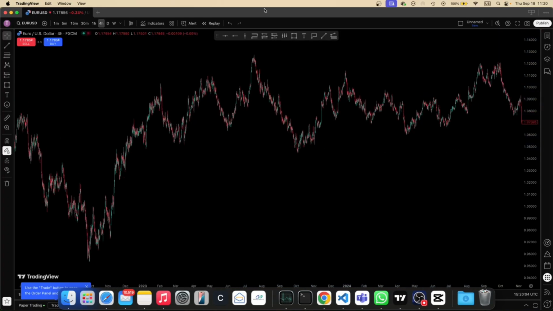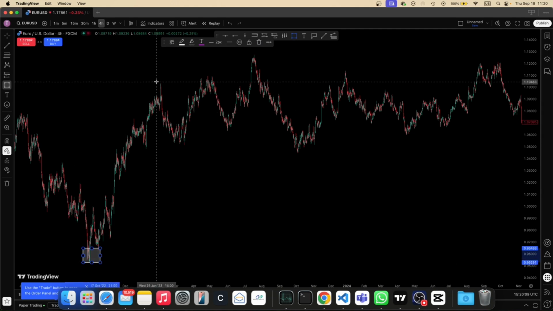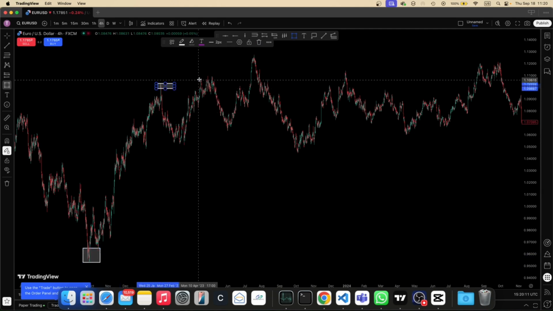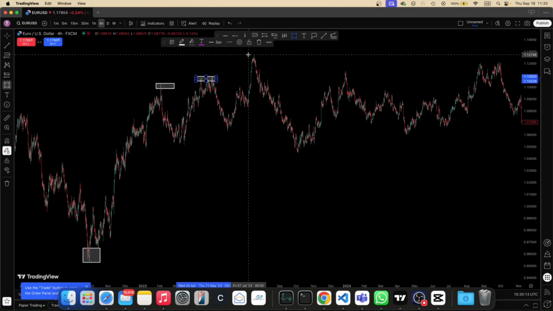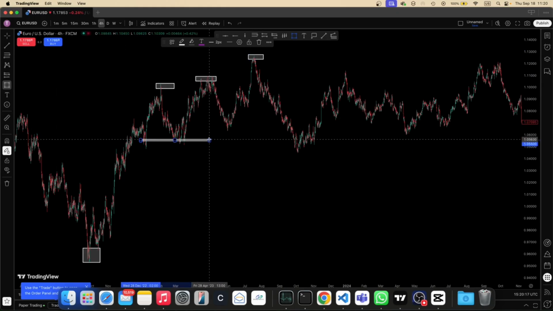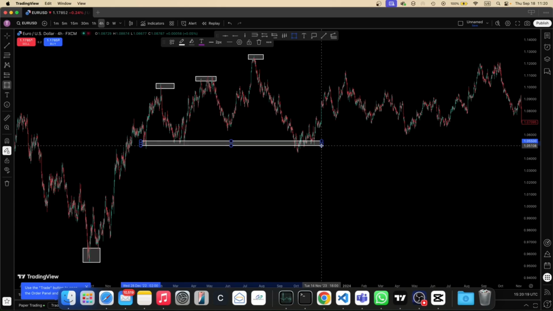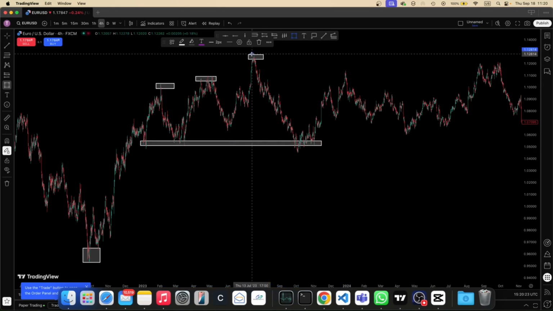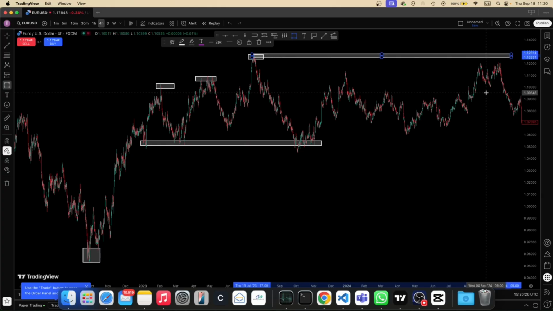First we try to look for the low and the high. The high is not progressing significantly higher, and the lows you can see are around the same area, and after that it didn't break this level.